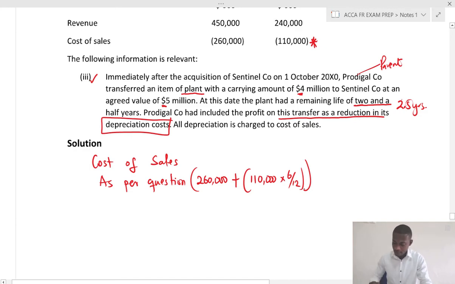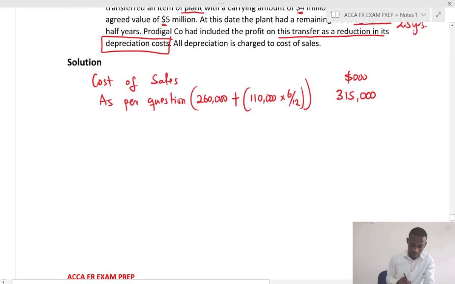So 110 times 0.5 plus 260 should give us 315. On this basis, we can adjust for the unrealized profit. I'll put here the provision for unrealized profit on the plant.